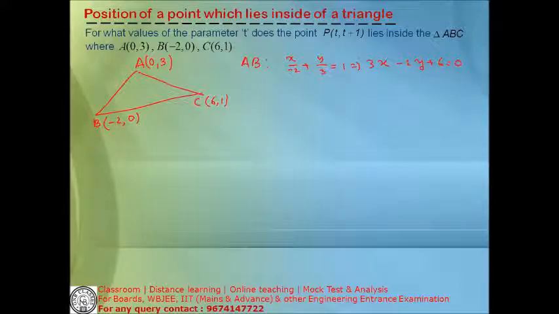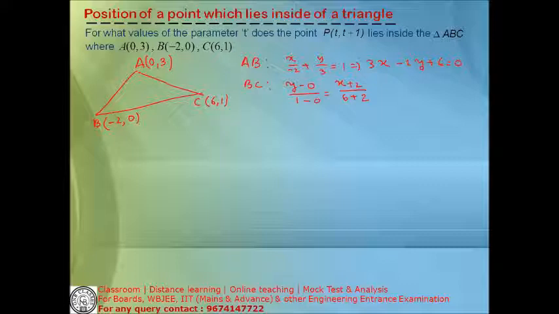Now let us find the equation of BC. We are using the two-point formula: (y minus y1) by (y2 minus y1) equals (x minus x1) by (x2 minus x1).